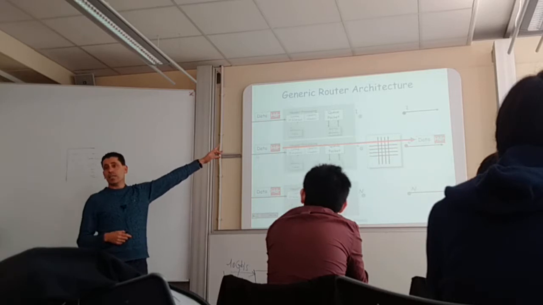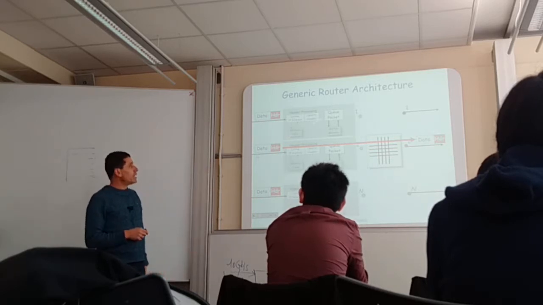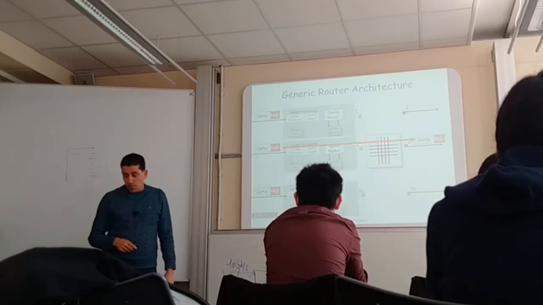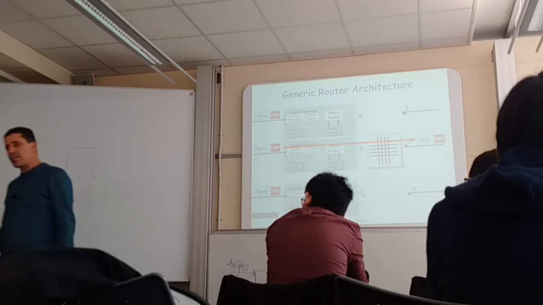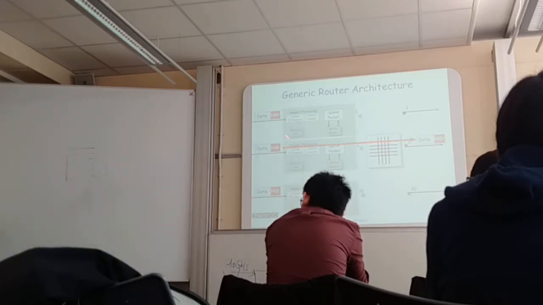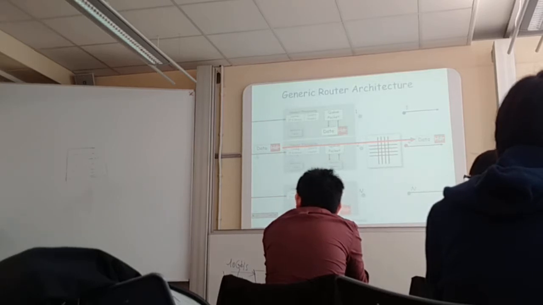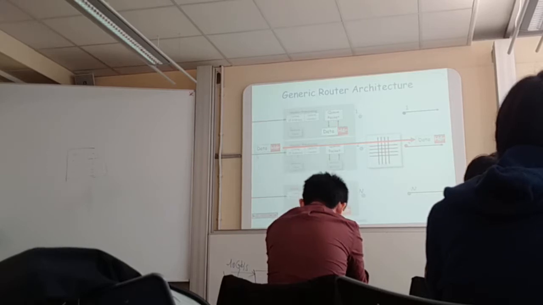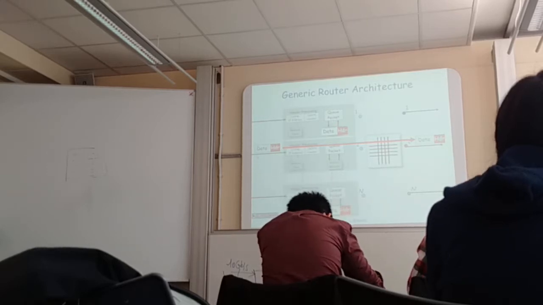But this implies that the performance of my router is not as predictable as the previous one. Why? Because now, depending on my traffic, I may end up with packets being queued here for a long time. So it's much harder to control their delay, if you see what I'm saying. Is it clear? Because the whole story now will depend on this element that is called the scheduler.